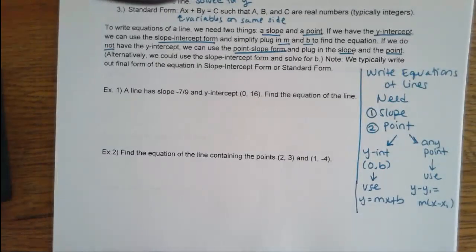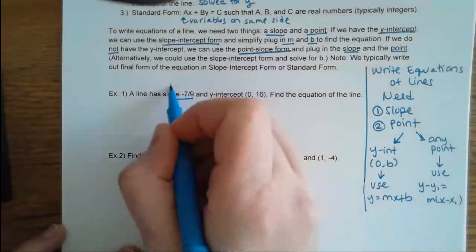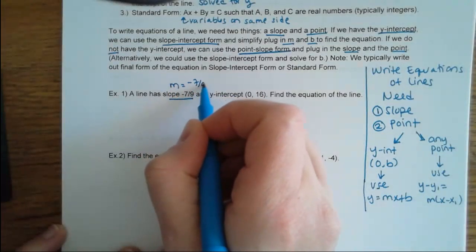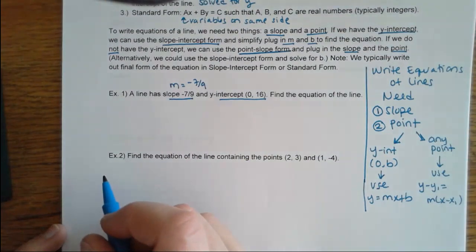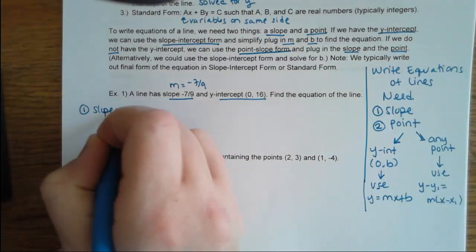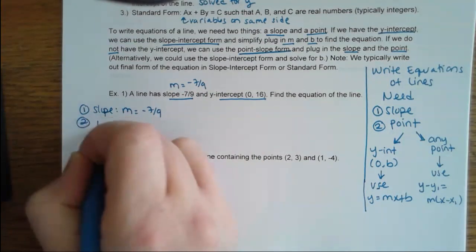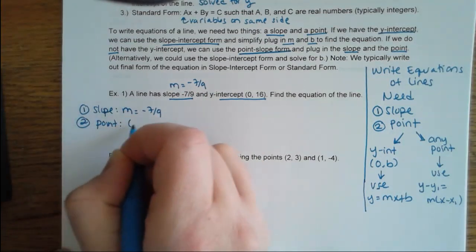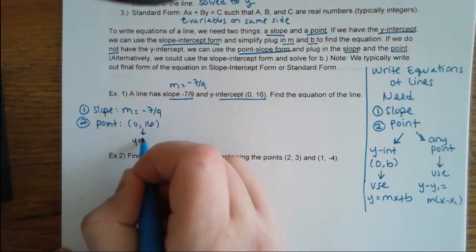So let's look at two examples here. So let's say a line has slope -7/9, and it has the y-intercept (0, 16). So again, I need a slope, which I have, and I need a point, which I also have. Now, specifically, this is the y-intercept, right?